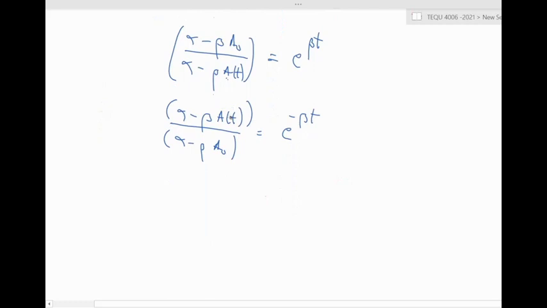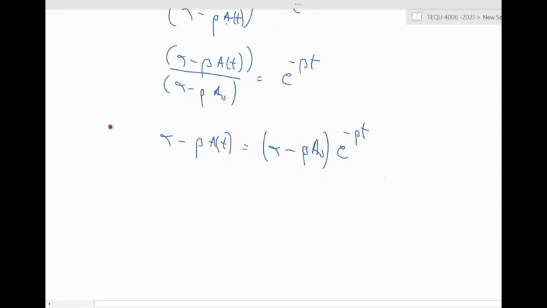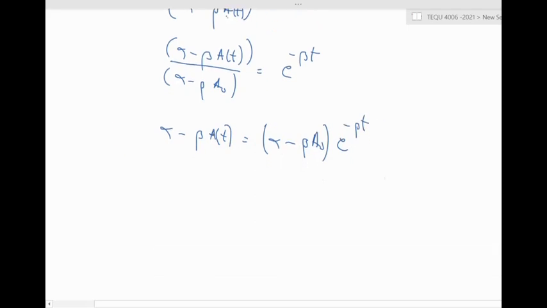If I solve for A, everybody will agree that I multiply this by this, times e to the minus beta t. Let me do it slowly, so nobody gets confused or left behind. Now, this part will go this way, will be positive, and this part will go this way, which means that it's negative.